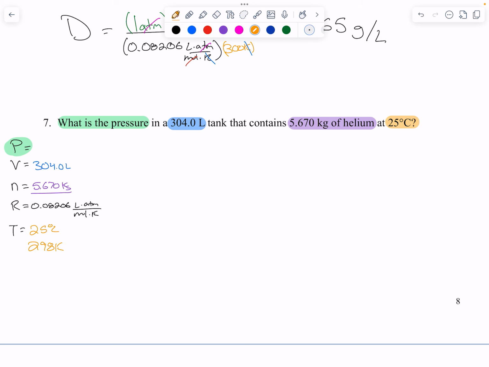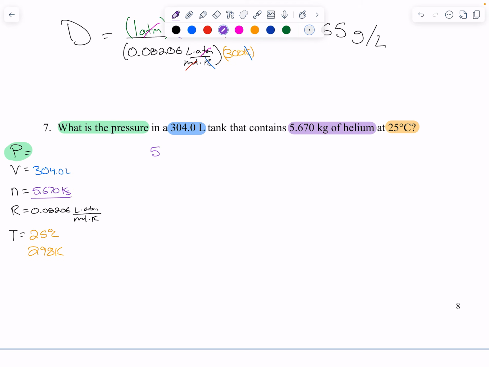Well, it looks like we have to do some math. So I have 5.670 times 10 to the third grams of helium, right? Because that's kilograms. Kilo is 10 to the third, right? And we know that 4.00 grams of helium is 1 mole of helium.